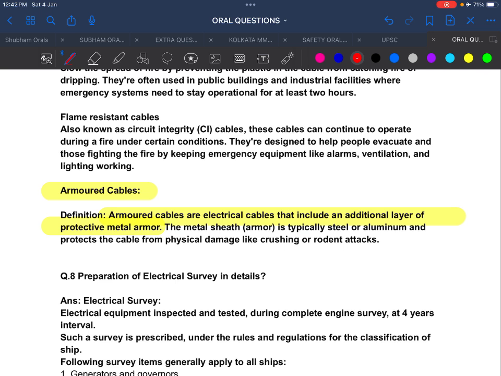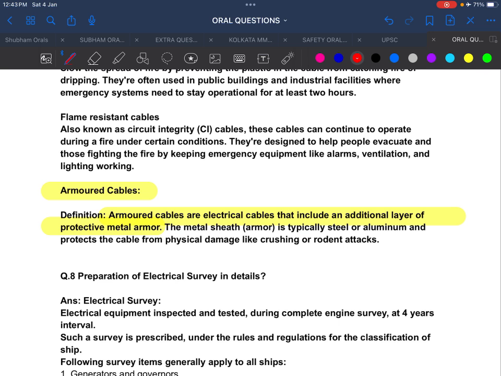If there is no armor protection, it will cut the cable very easily. But if there is an armor sheath, a metal sheath, it cannot cut the cable easily because the metal can survive.